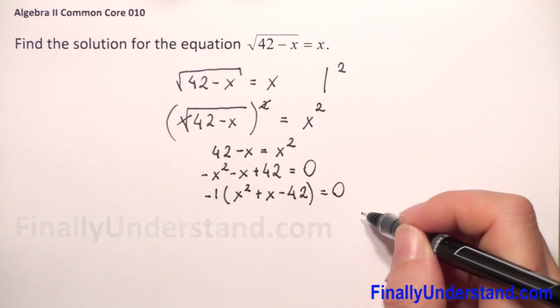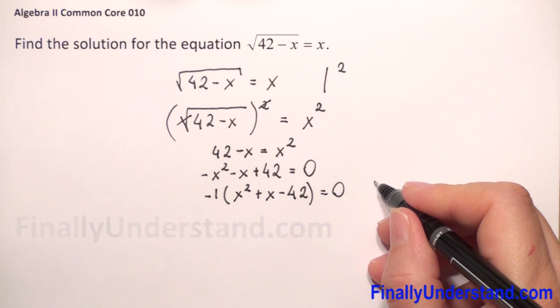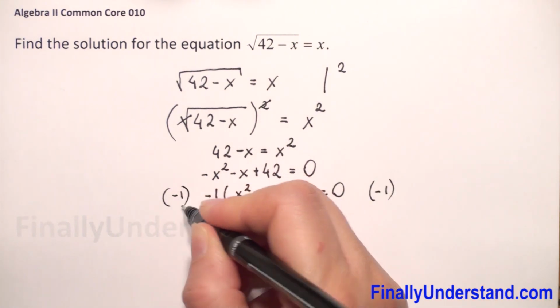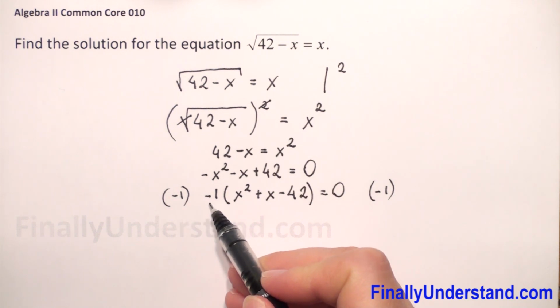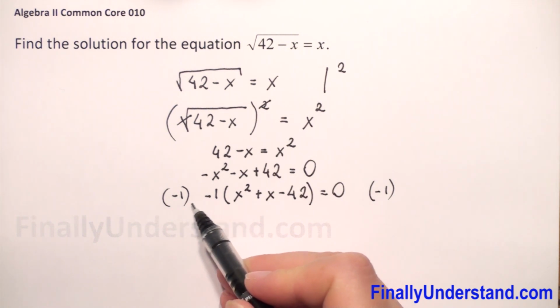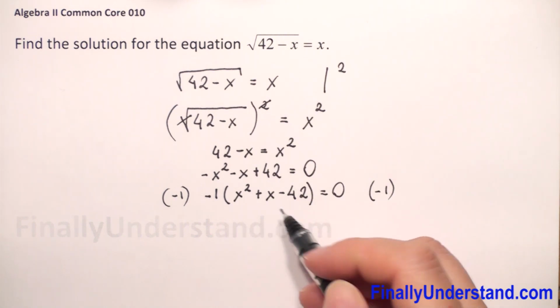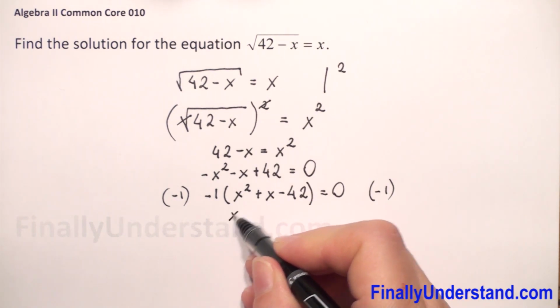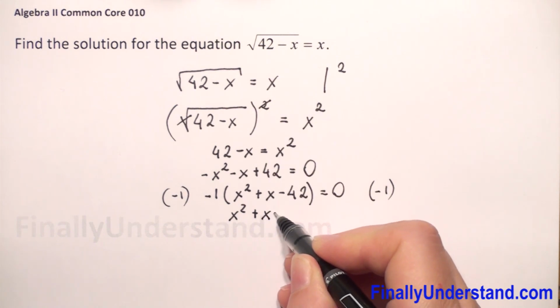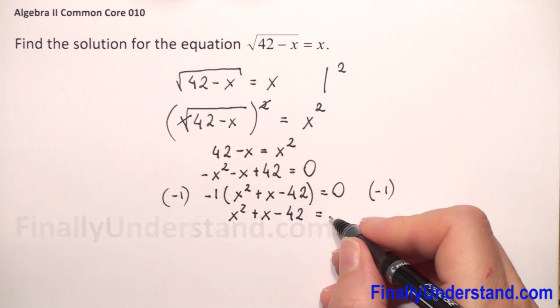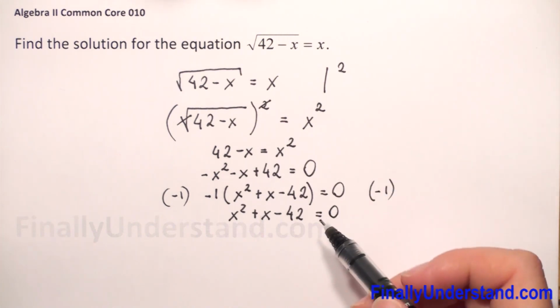Now, when we multiply both sides by negative 1, negative and negative give me positive, so it will be 1 times this expression in parentheses, so this is x squared plus x minus 42, and this is equal to 0 times negative 1, which is 0.